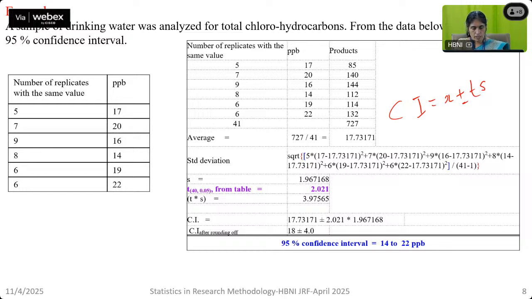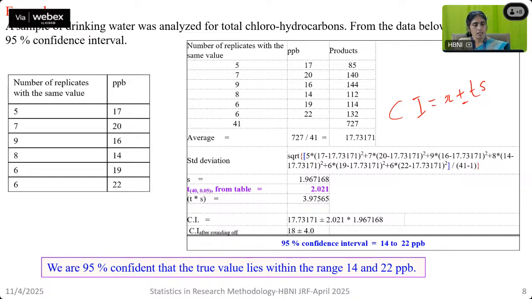If you subtract 4, it will be 14. If you add 4, it will be 22. So you can say that at the 95% confidence level, the value will be between 14 and 22 ppb. The confidence interval is 14 to 22 ppb. That will be the final response for this question.